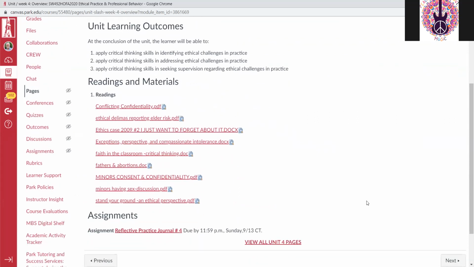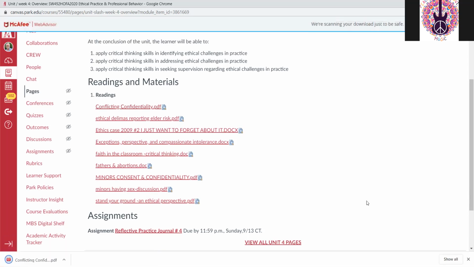So I'm going to go down here. There's a number of readings. I've intentionally chosen a series of these because I think they're interesting and they raise complicated questions and challenges. Conflicting confidentiality. I'm going to just play with this before I get into the case.